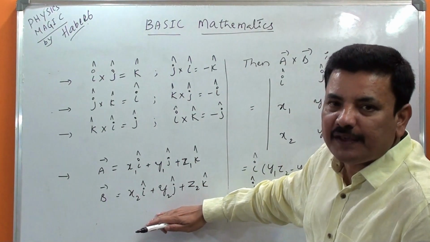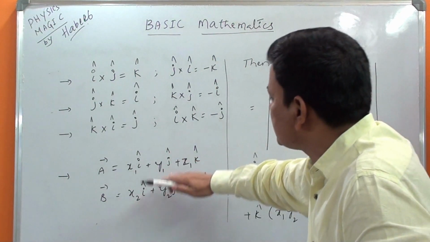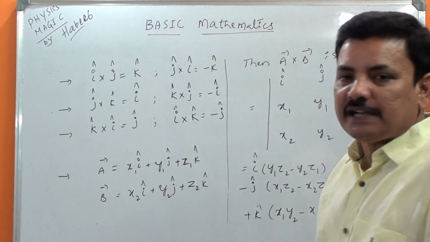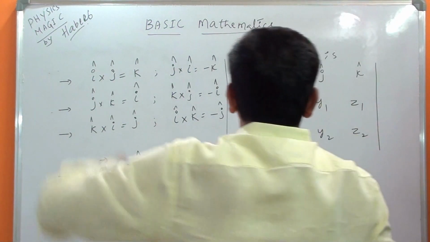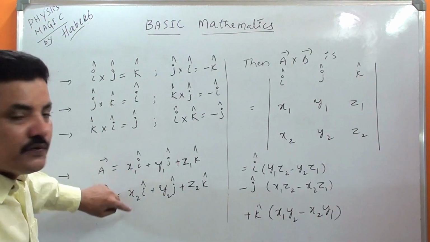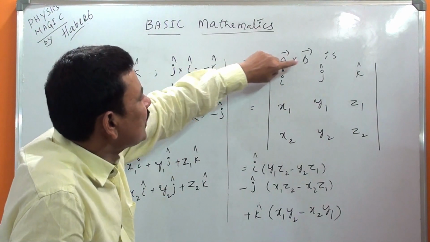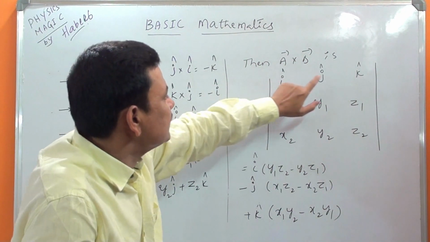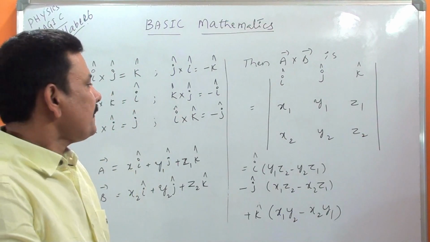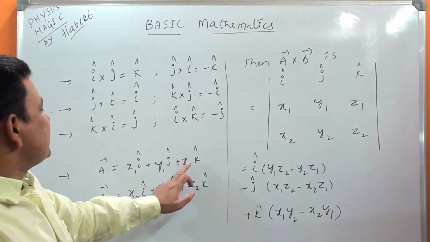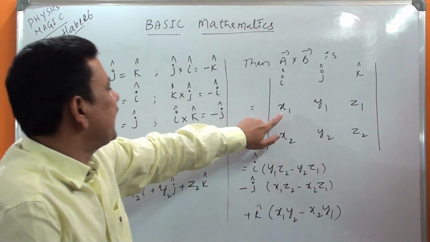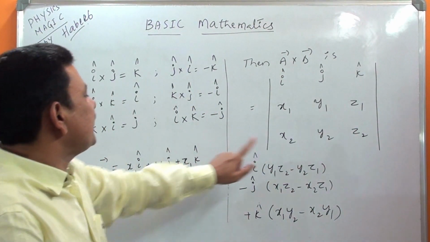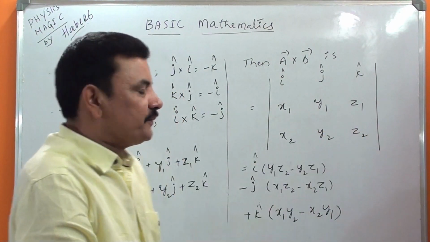Similarly, another very important thing we have to do is, they will give us two vectors, then we have to find out the cross product of those two vectors. Then how to find that? Now a cross b, first you have to write down in this format, you know well: i, j, k, then x1, y1, z1 are the coordinates of the first vector, and similarly the second vector x2, y2, z2.